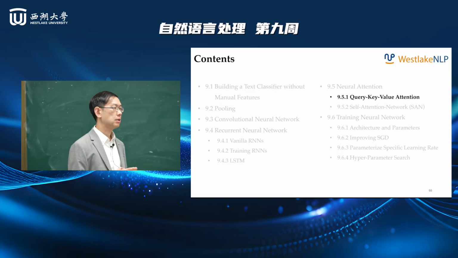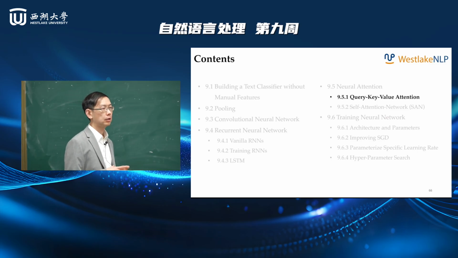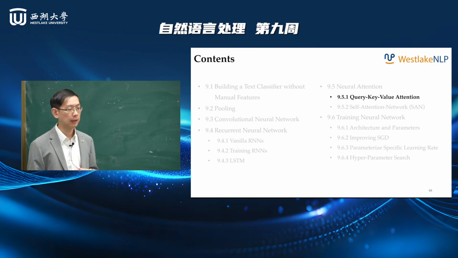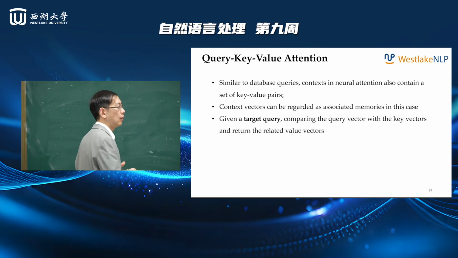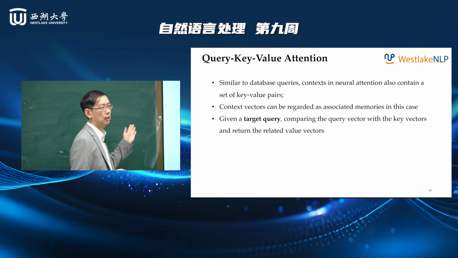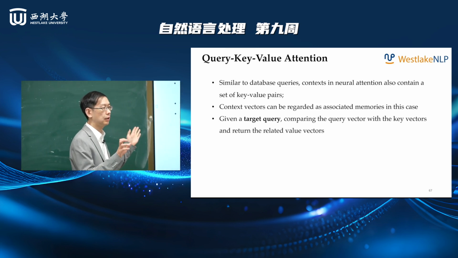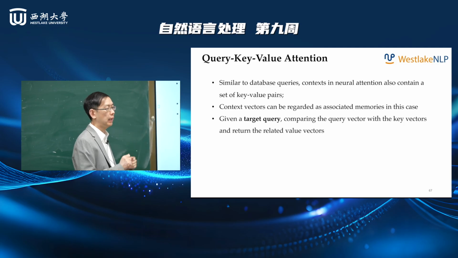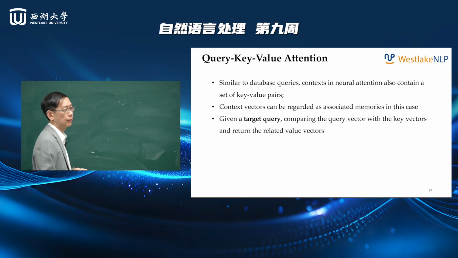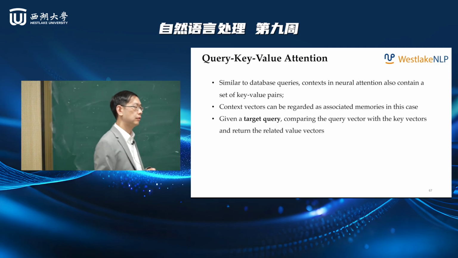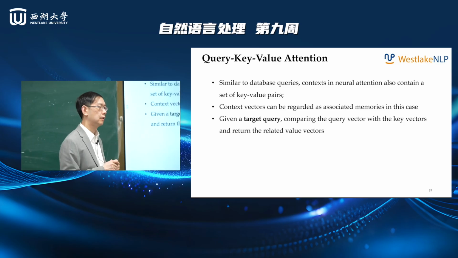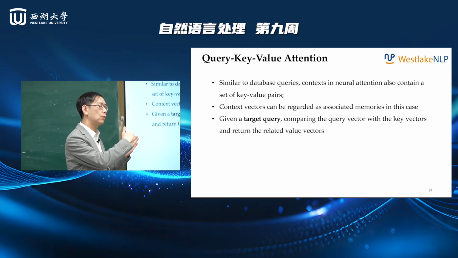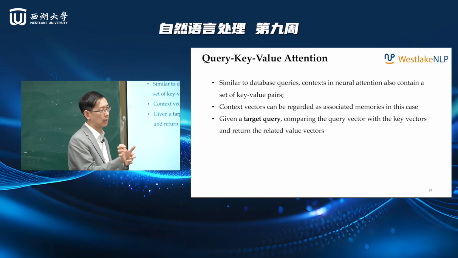There is a more advanced attention function called QKV attention. The idea is, originally you use this sequence of vectors H to both calculate the score with Q and serve as the values you aggregate.